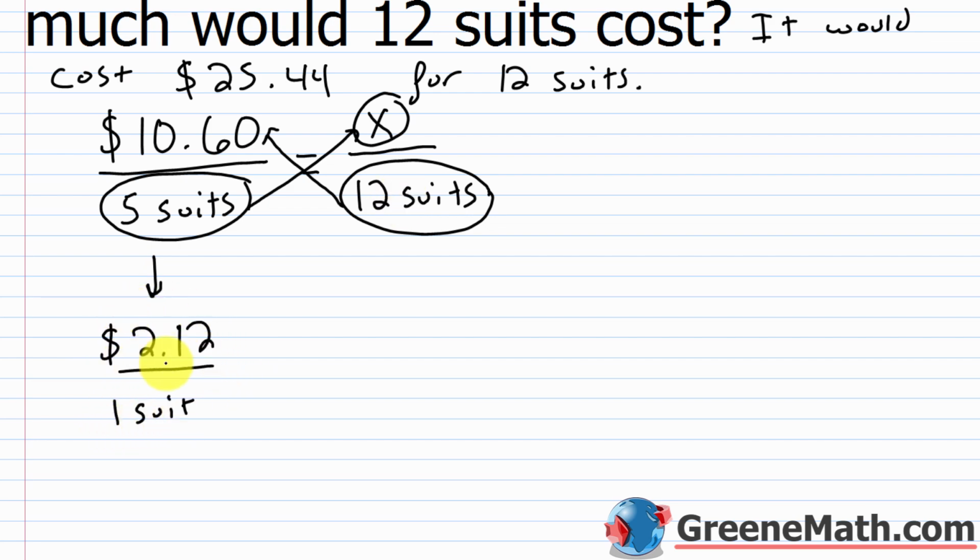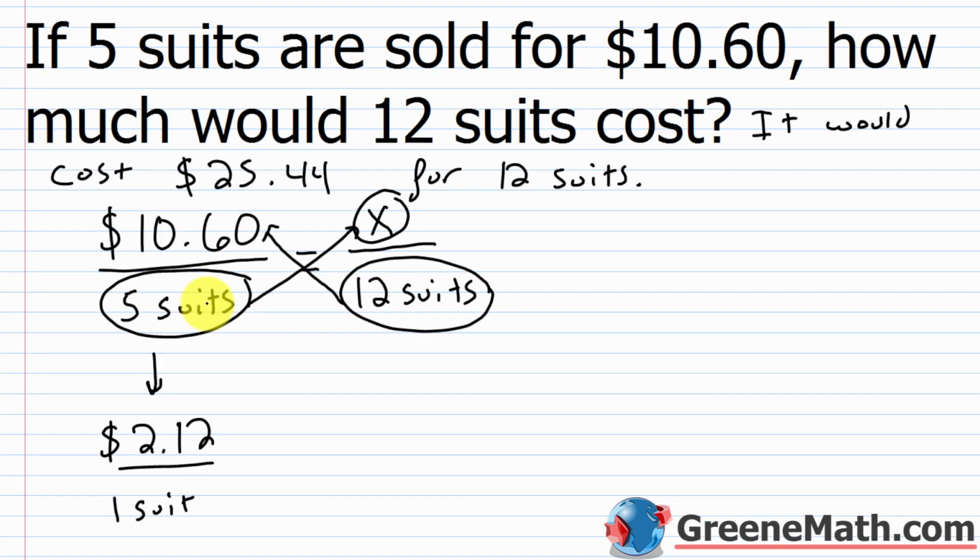If I took this amount, one suit is $2.12, and I multiplied it by 12, I would in fact get 25.44, or I would get a cost of $25.44 for 12 suits. So kind of two different ways to solve this problem. The first method and kind of the faster method would be to set up a proportion, just like we did here. And basically we're just saying that these two unit rates will end up being the same. You have $10.60 for 5 suits, and we're setting that equal to an unknown amount for 12 suits, right?